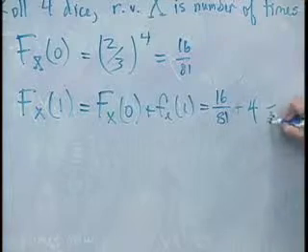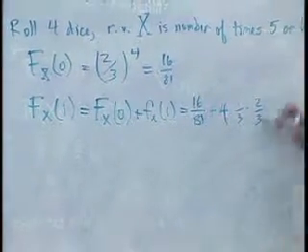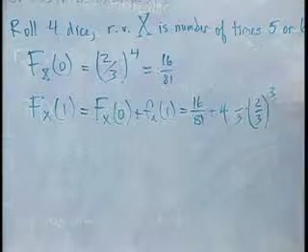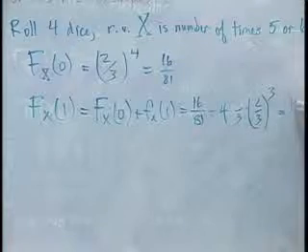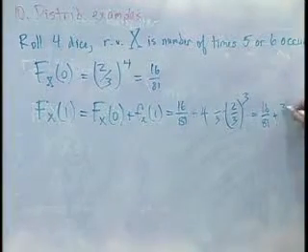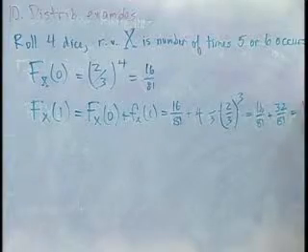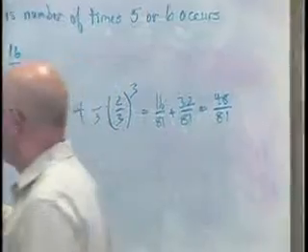The probability of that is 1/3. The probability of getting a 1 through 4 on the other 3 rolls is 2/3 cubed. So this is 16/81 plus 32/81, and it's 48/81.